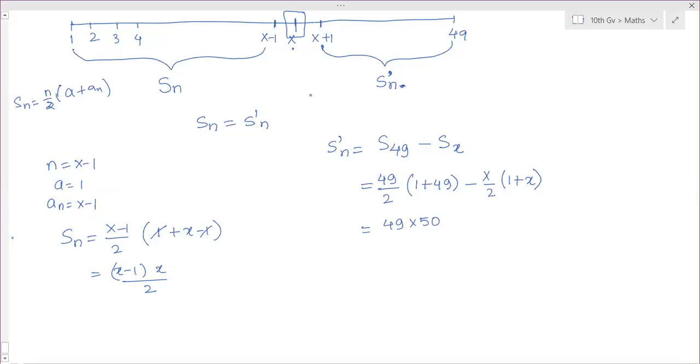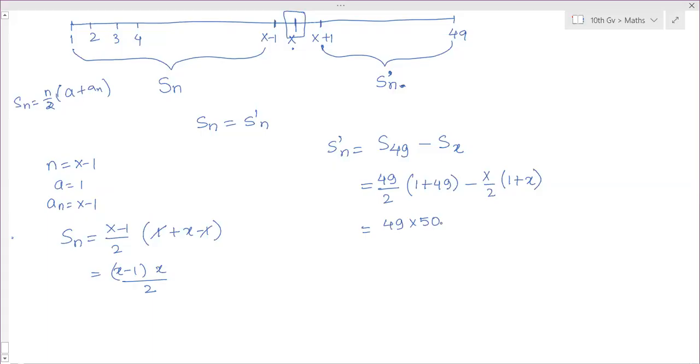Don't get confused with AN. Here the last term is 49, but AN is not always 49. Till which term you are calculating the sum, that last term will be considered as the nth term. Now if we are calculating the sum till 20 numbers, so for S20, A20 will become AN. Okay, ma'am.